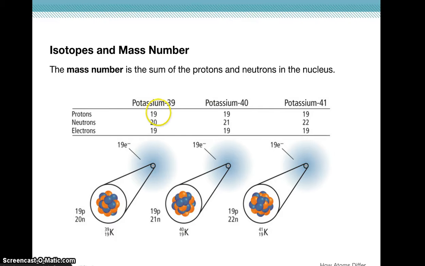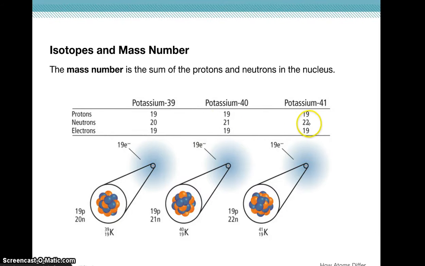We know from the periodic table that there are 19 protons in potassium because that's what makes it potassium. So in this isotope, there have to be 20 neutrons. 19 plus 20 is 39. In potassium 40, there are 21 neutrons, and in potassium 41, there are 22 neutrons.